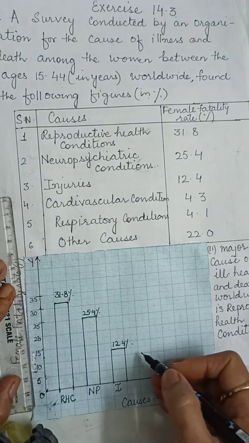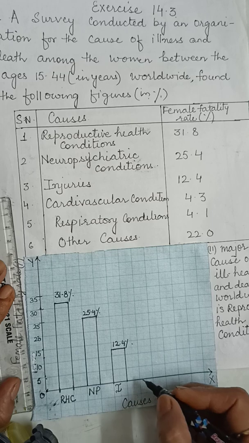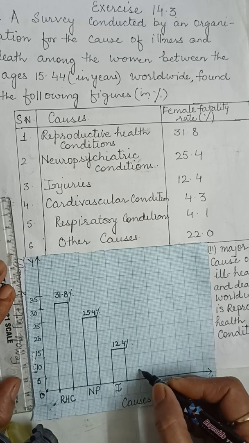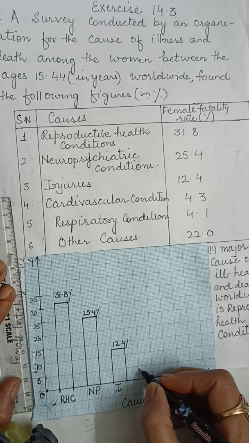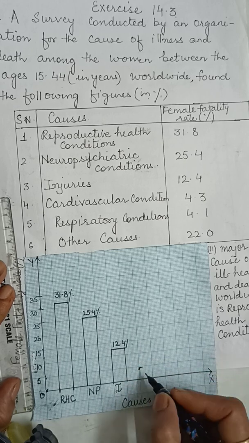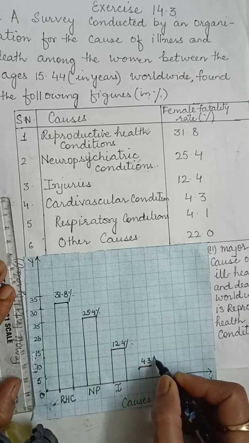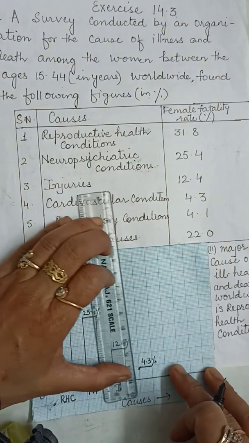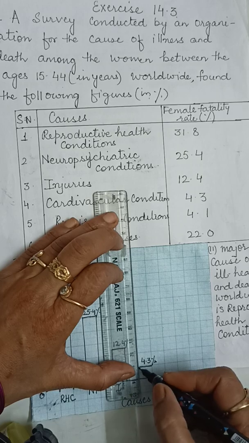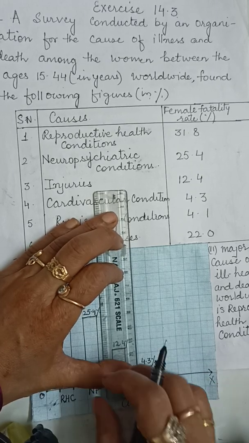Then we have 4.3%, cardiovascular conditions. Here we have 4, and we are taking 4.3 above it. This is 4.3%, cardiovascular conditions.